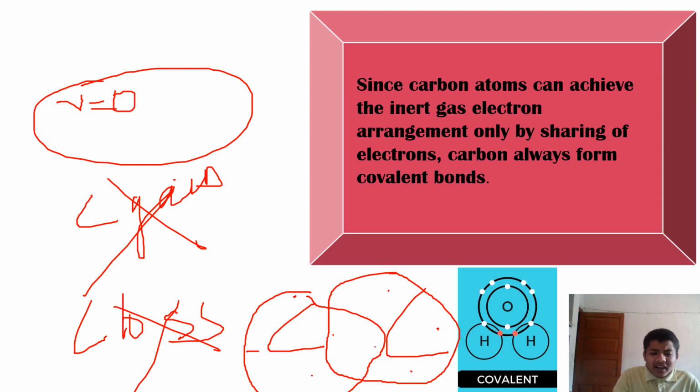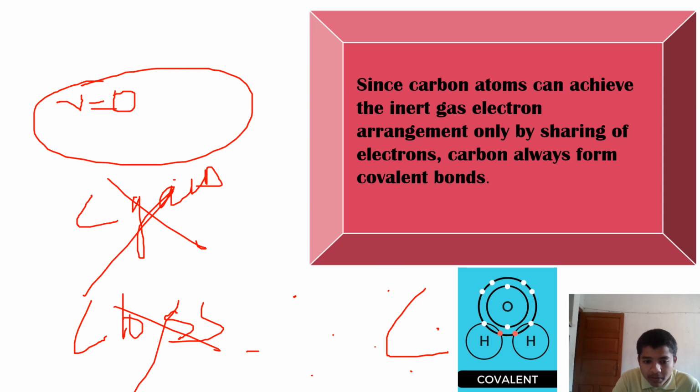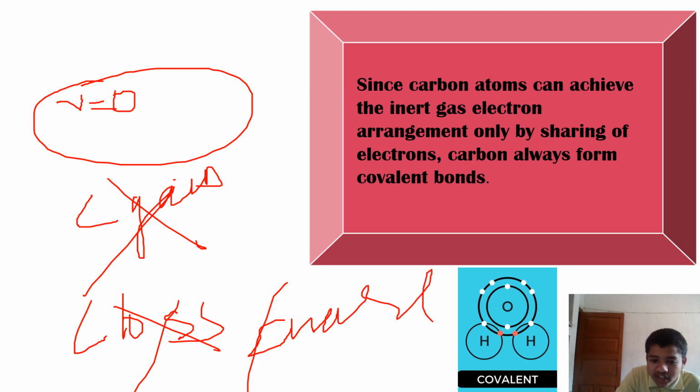See, in another lecture all your topics will be cleared, right? Here you just need to remember that carbon atom just shares its electrons, means it neither gains any electron nor loses any electron. It will just share its electrons. Clear?